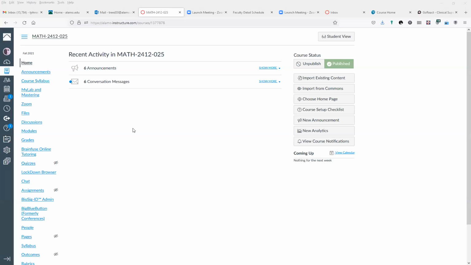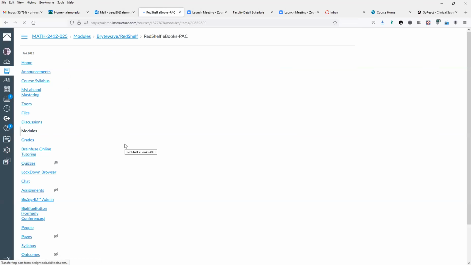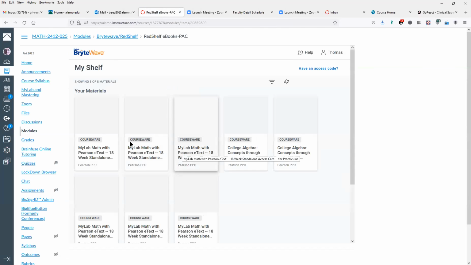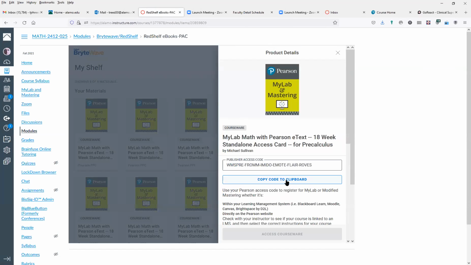For those of you who have not gotten full access or the temporary access, you have to go and try the modules first and see if Red Shelf is working for you so you can get the passcode. You click on this class, the book for this class, and you copy the code.